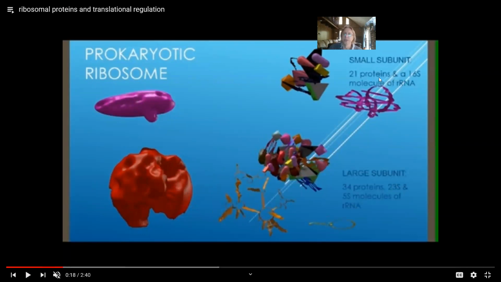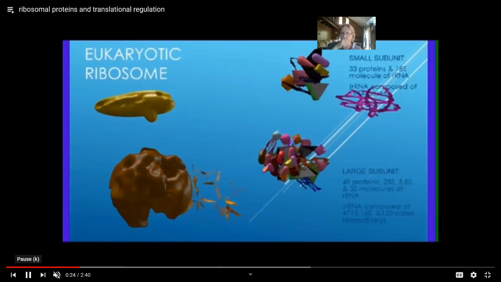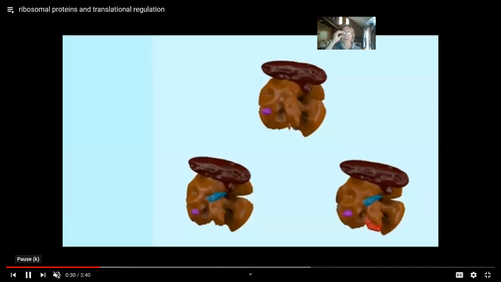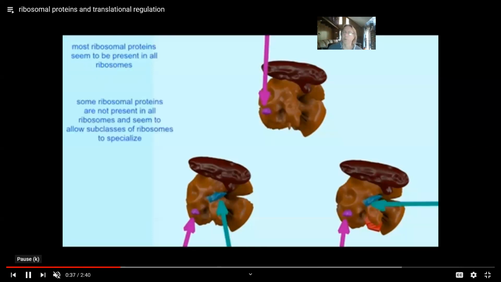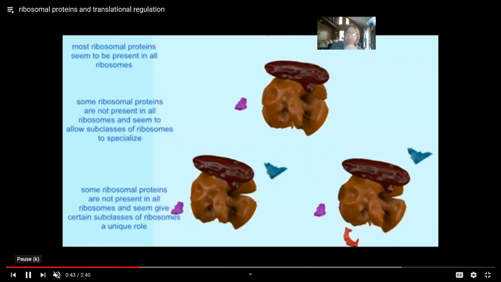So the small subunit can have 21 little proteins, the large subunit 34 proteins. This is true of prokaryotes. In eukaryotes, it's even more. So there's all of these little proteins. What do these proteins do? Well, some of them are standard and they are always present. So apparently they just are essential for the function of ribosomes. But then other ribosomal proteins can vary. All right. So some ribosomes have these proteins, other ones don't.